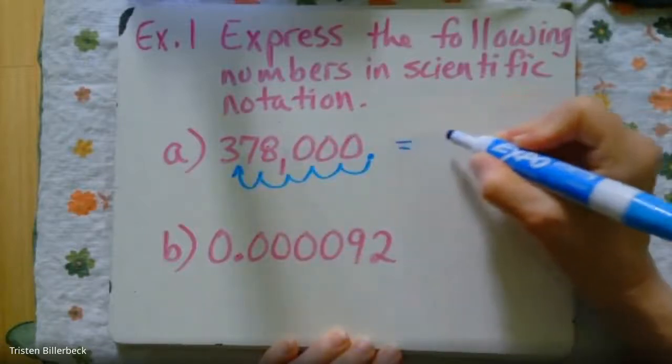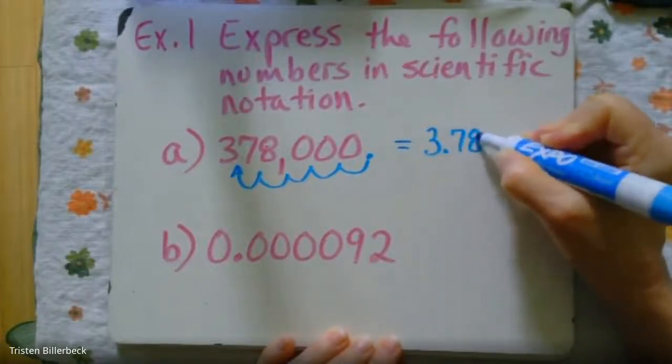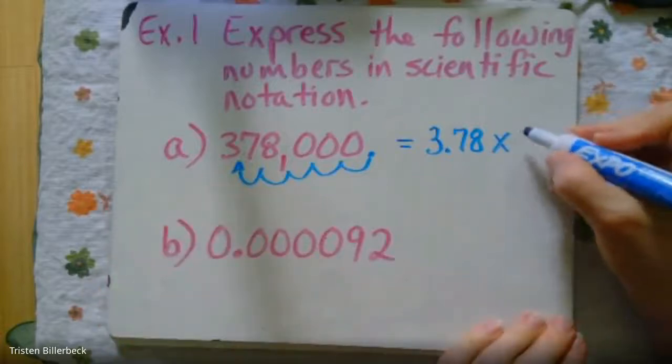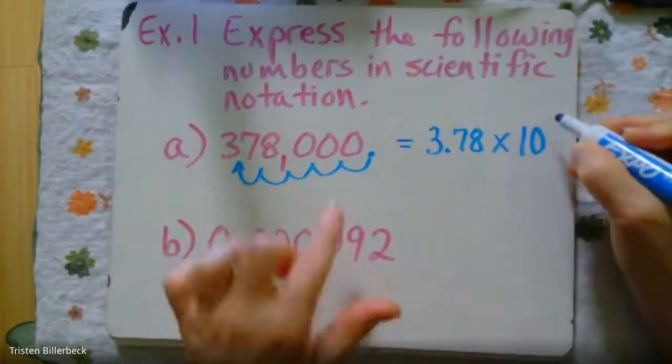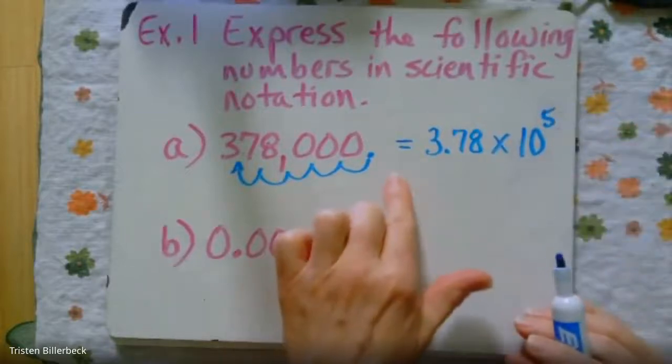So we'd write 3.78. To move that decimal, I had to move it 5 places, and each place is multiplying it by 10.